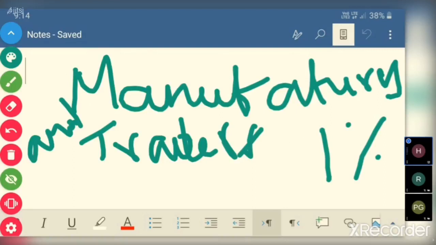That means on the sale price, if they just collect 1% and pay to the government, that is enough. Suppose sale price is 100 rupees. So 101 if they collect, and 1 rupee they remit to government, that's enough.